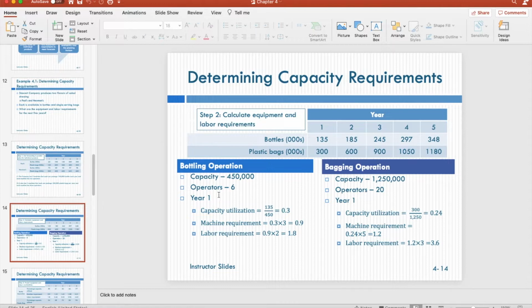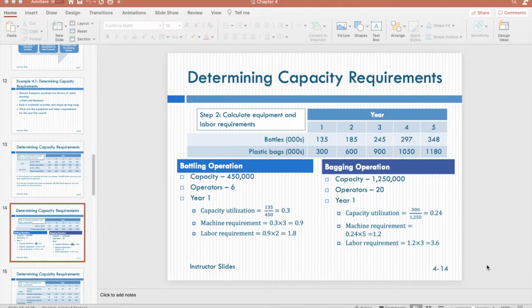If you are still a little bit confused about capacity utilization, go back to the first video of this chapter. I have a detailed explanation about capacity utilization. We have to make sure that our capacity level right now is already good enough to fit the market demand. That's why we need to do some calculation, and see whether our capacity level right now is already above the market demand realization. That's the thing that we want to make sure.